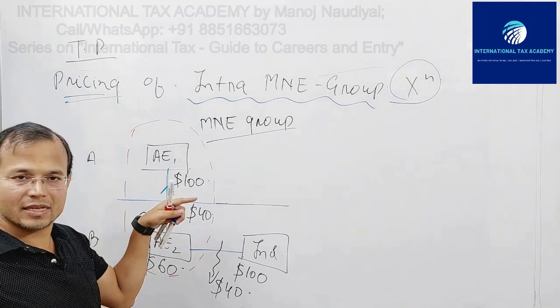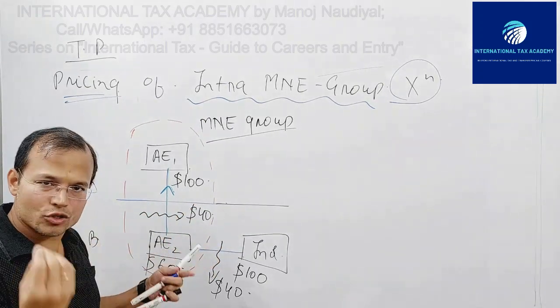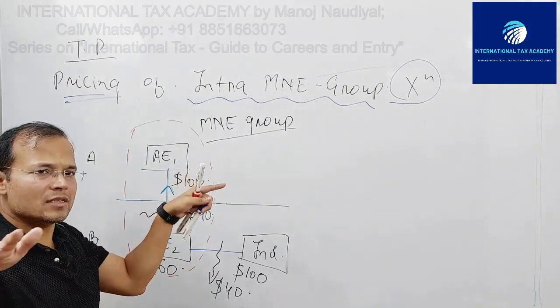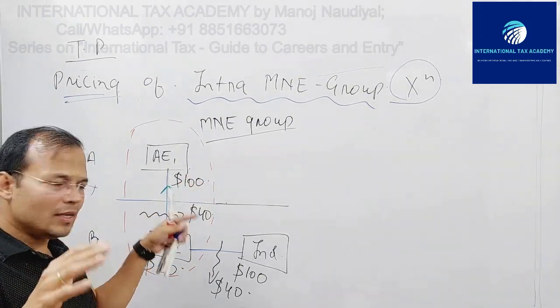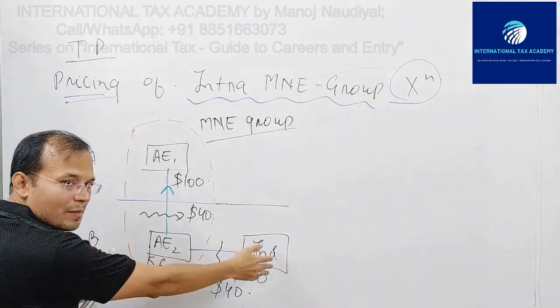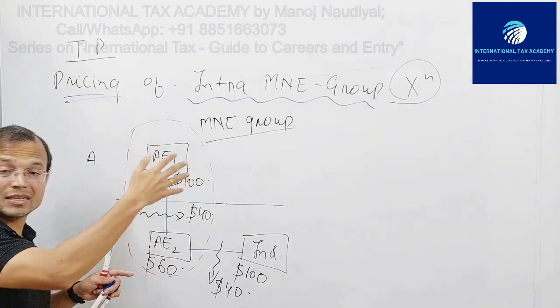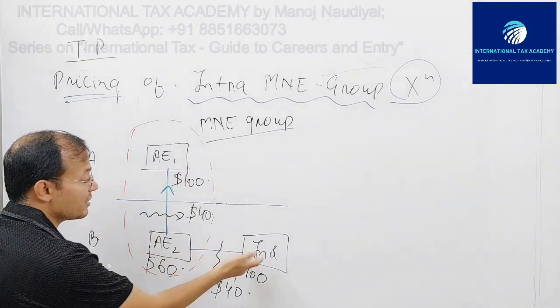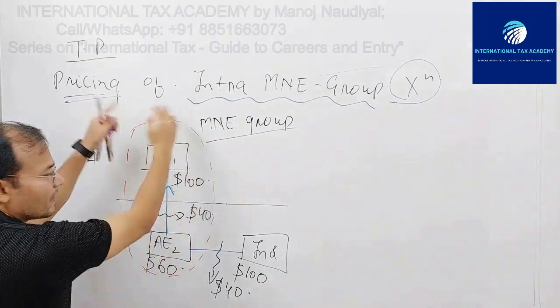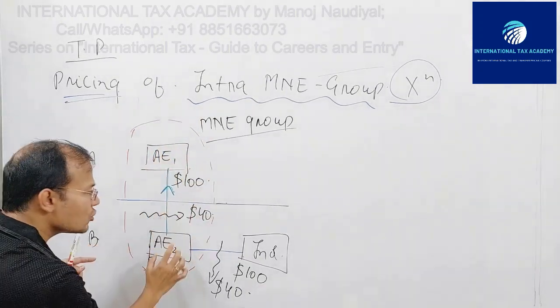All things remaining same, because the item is same, same shoe is getting sold, there should be no difference between the selling price of the shoe to this independent entity as well as to this AE1.